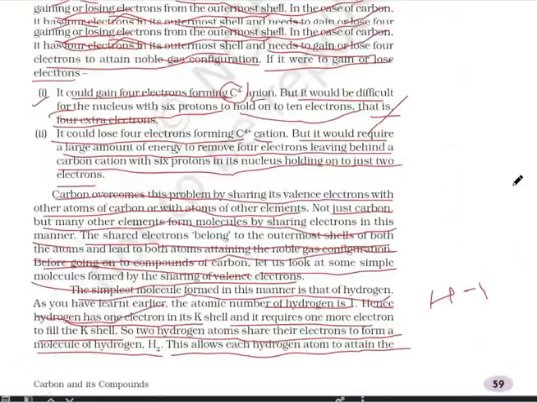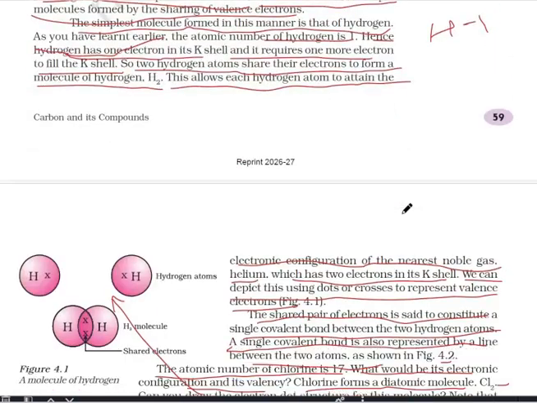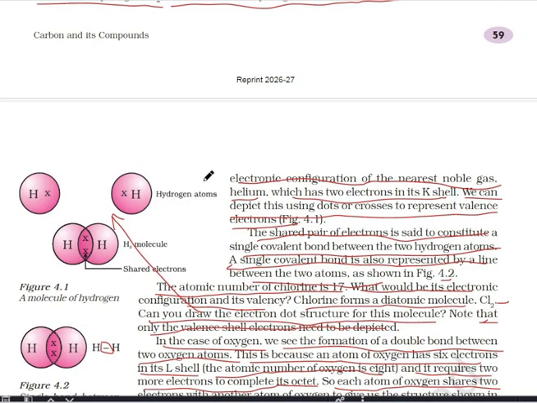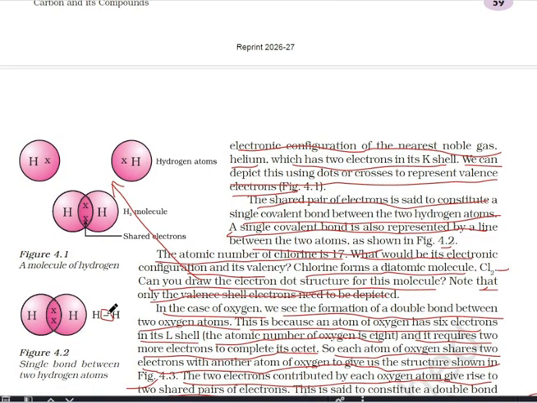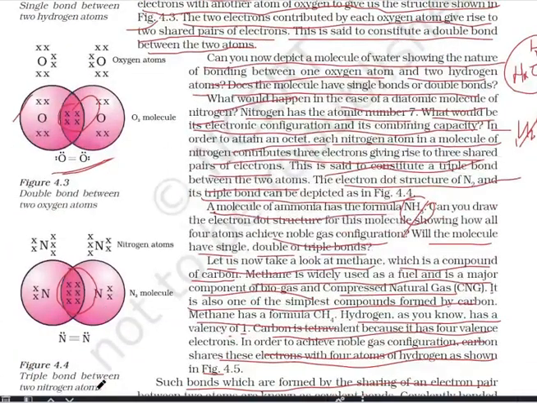Carbon can be C4 positive or C4 negative, right? It can lose 4 electrons or it can gain 4 electrons. And we saw how different molecules and different atoms combine together, and what is a single bond, what is a double bond, and what is a triple bond.